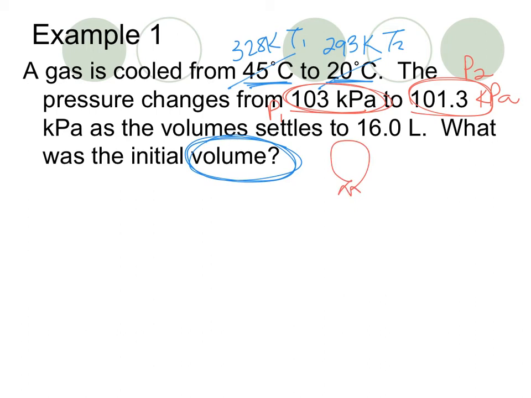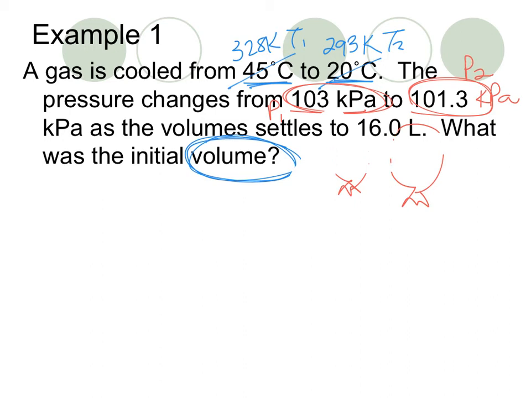If I had a balloon, and I've got pressure on the balloon, and the pressure backs off, what's going to happen to the size of my balloon? Well, my balloon should get bigger. So the temperature is telling the balloon to shrink. The pressure is telling the balloon to get larger. So our job with the combined gas law is to figure out who has the greater effect on the balloon, the temperature or the pressure.